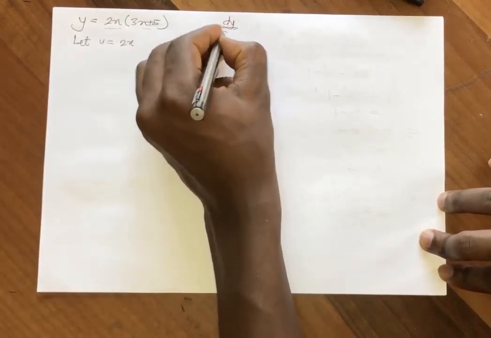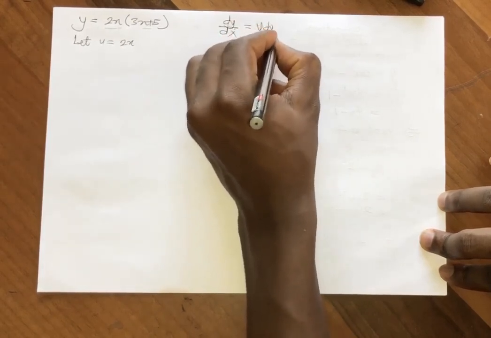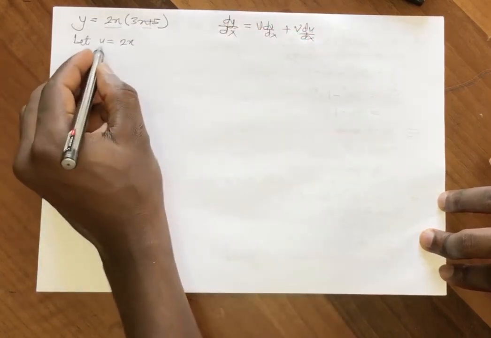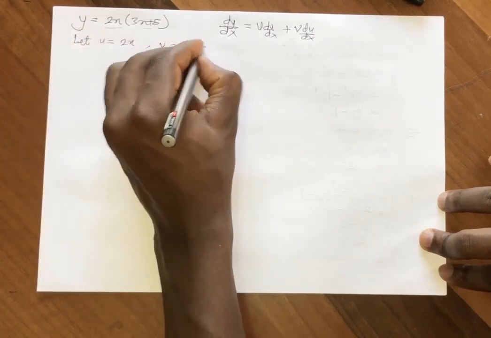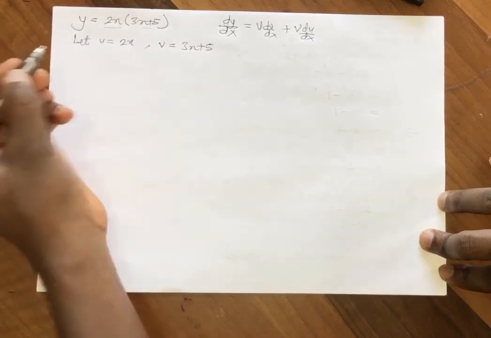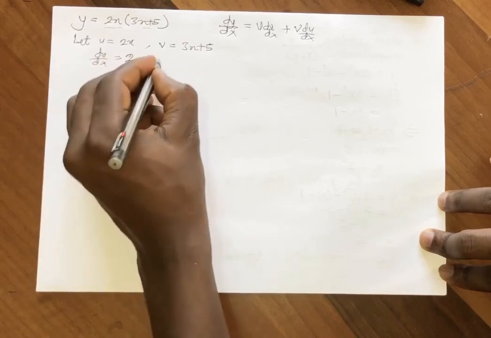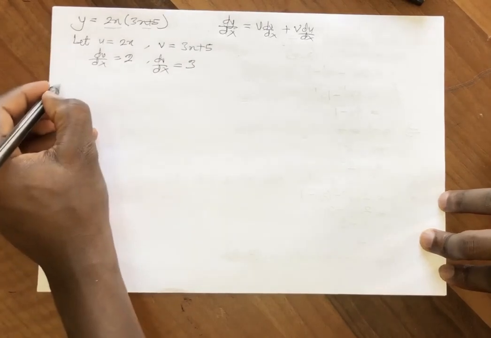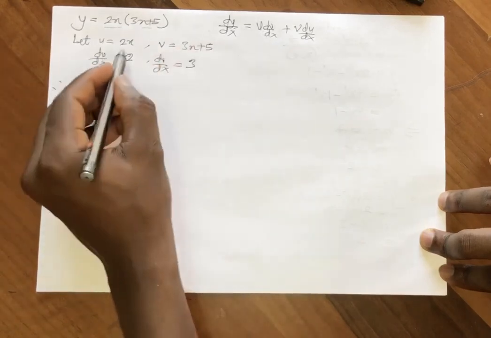The trick is that you already know your formula for the product rule is u dv/dx plus v du/dx. So as soon as you write u as this and v as the second function, you should go on and differentiate right away, so that you have du/dx, which is 2, and dv/dx, which gives you 3.